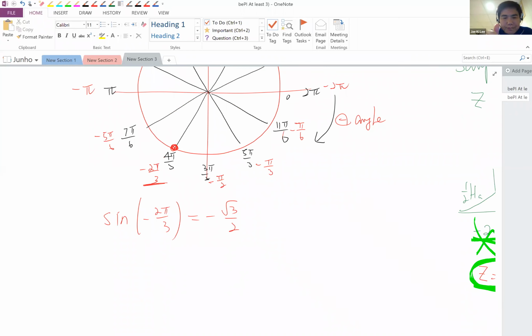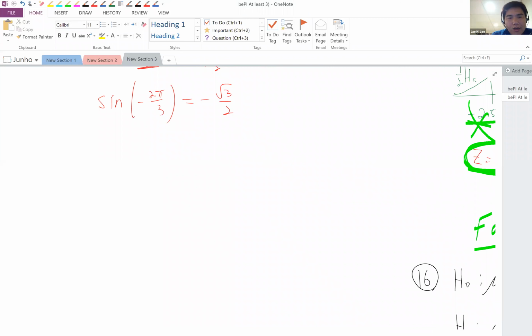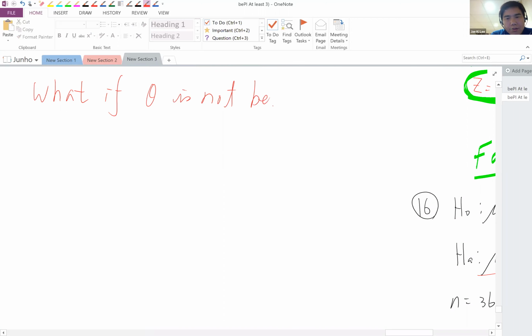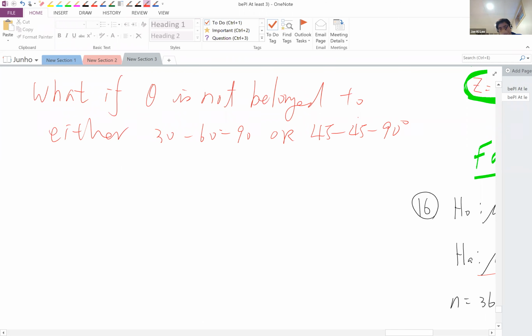Now, what if theta does not belong to the 30, 60, 90 or 45, 45, 90 angles? Then unfortunately we have to use a calculator.